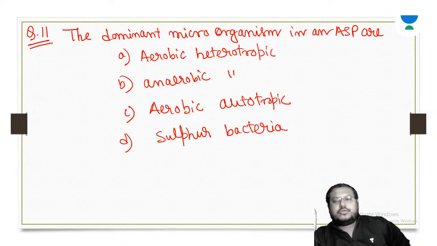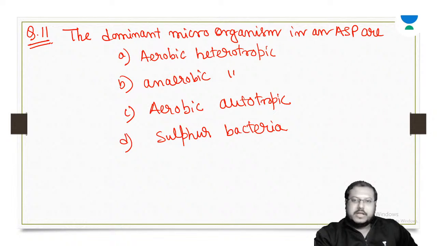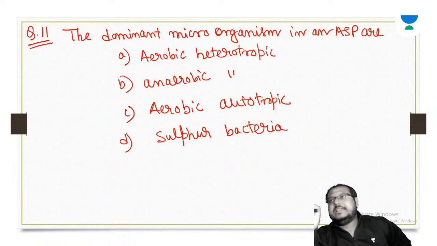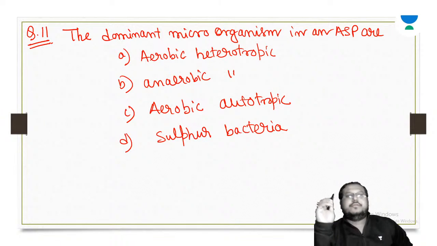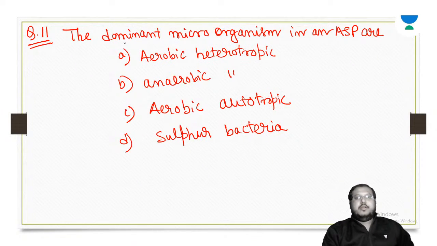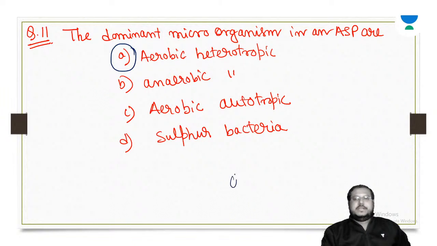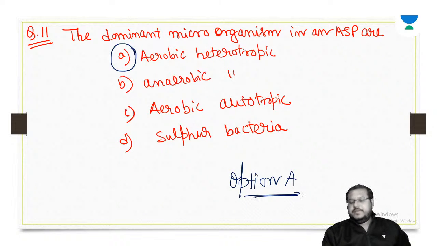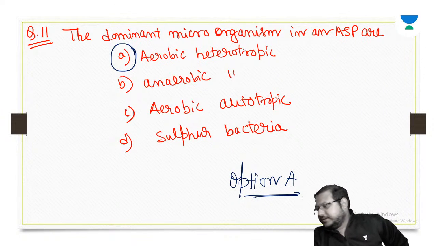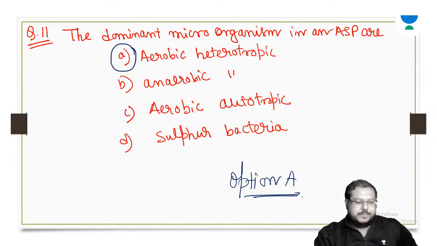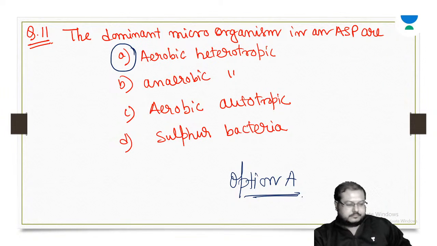Because if it is autotrophic, they will produce their own food, and then they will not grab your pollutant as their food. So aerobic heterotrophic, option A, will be your final answer.